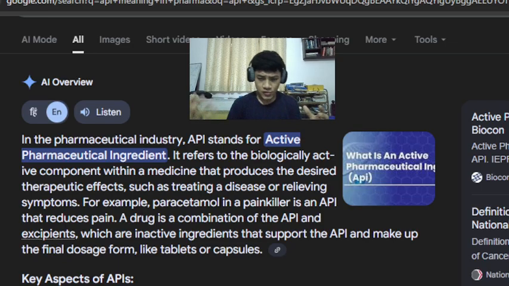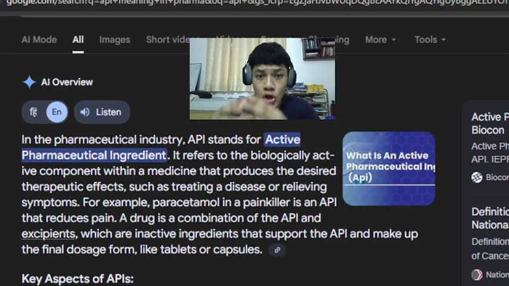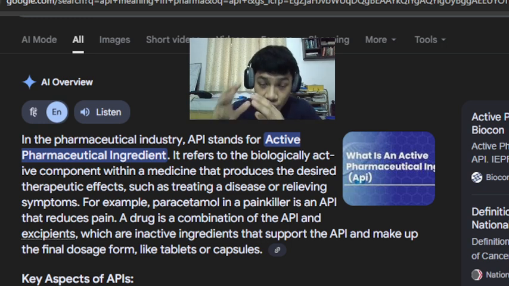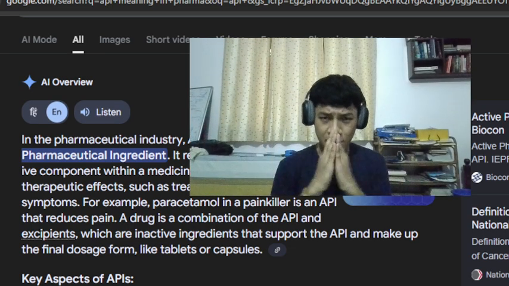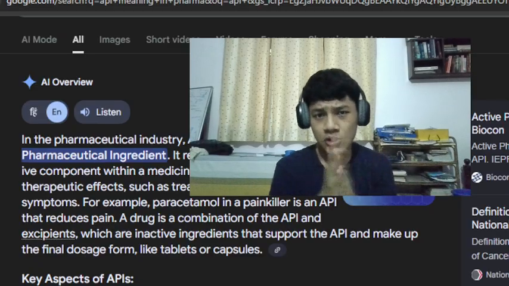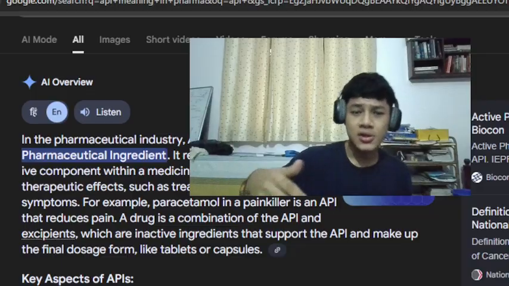So we take a medicine for treating some disease, the part of that medicine which is responsible for treating the disease is the API, and all other components of the medicine just help the API. These are non-active ingredients.